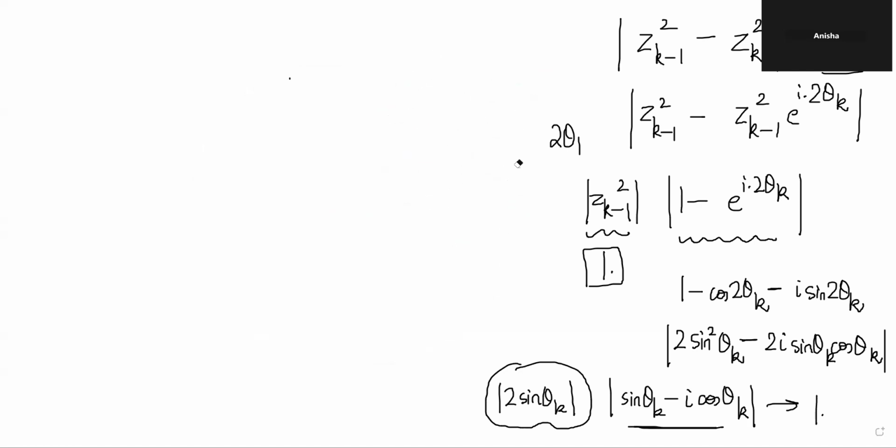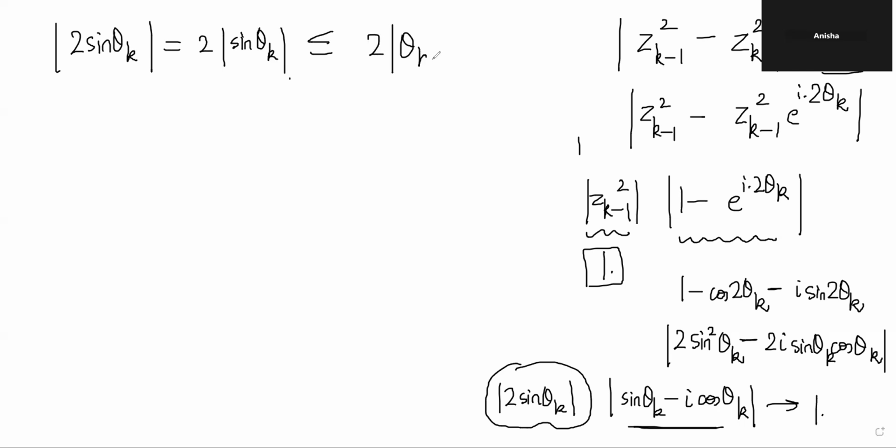For sure, we know 2 sine theta k modulus is equal to 2 times mod of sine theta k, which will be clearly less than or equal to 2 mod of theta k, because sine theta by theta is always less than or equal to 1.